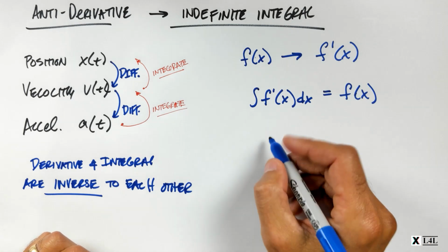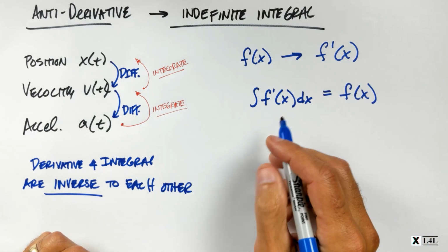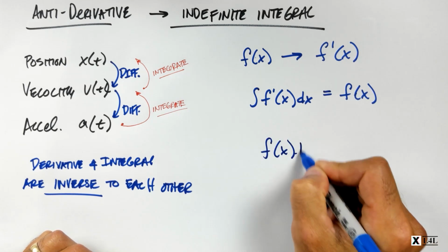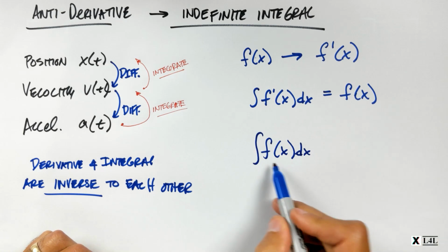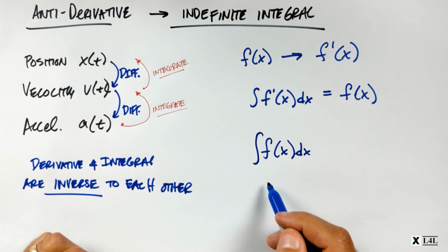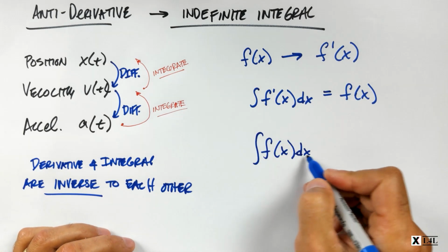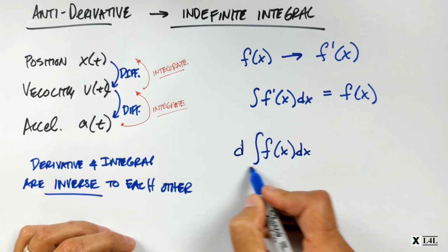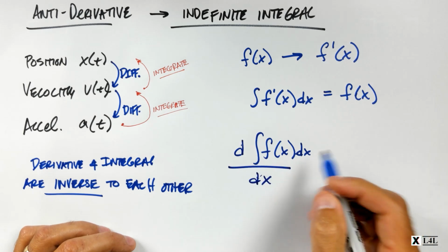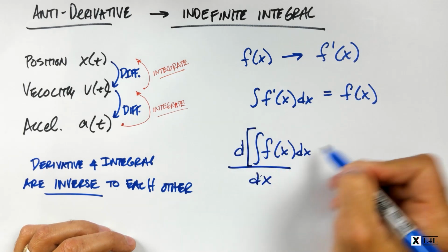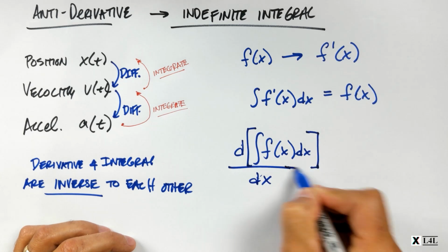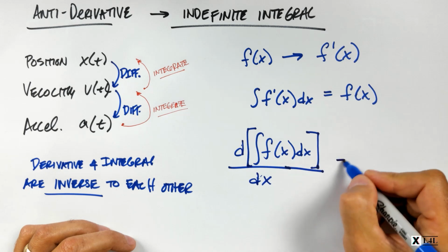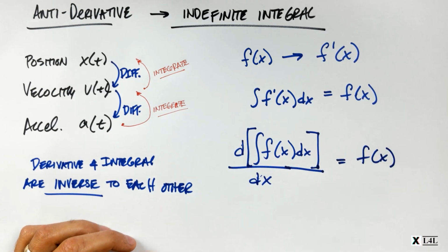Another way of saying this, if I have some function f of x, and I want to integrate that with respect to x, and then take a derivative with respect to x of this integral function, they undo each other, and what you get is that original function.